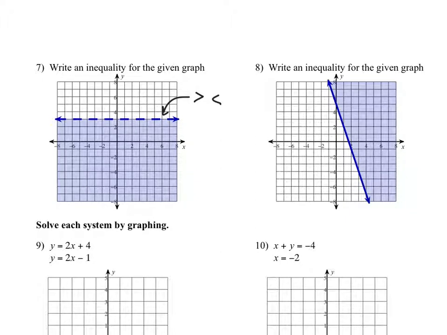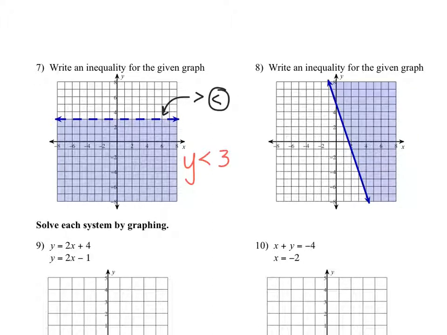And now I'm shading below, which means I want to pick the less than symbol. So whatever equation I write, it's going to have that symbol, or inequality rather. Now this line is cutting only through the y-axis, and it's hitting the y-axis at +3. So the equation here is going to be y is less than 3.